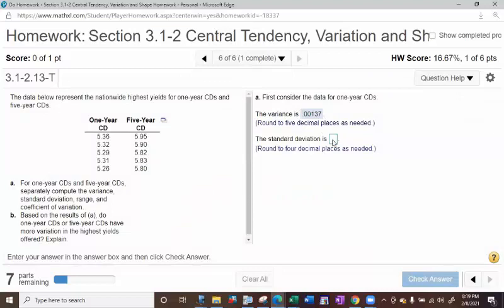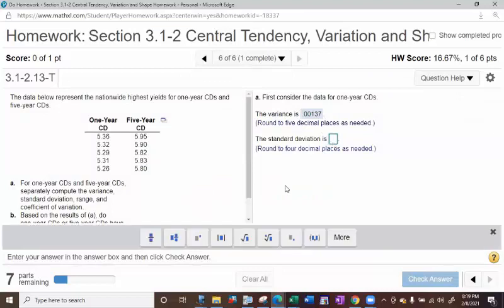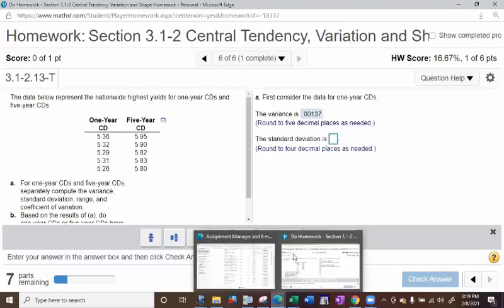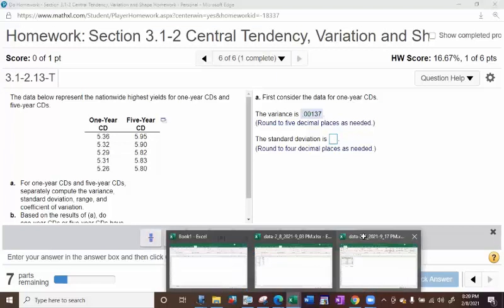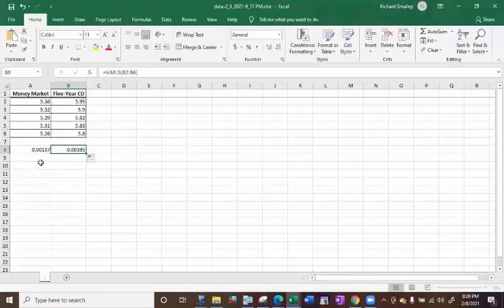Standard deviation. That's going to be, well, I'll do it in the same column, but I'll skip a line for spacing purposes.